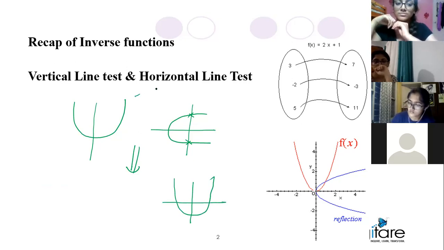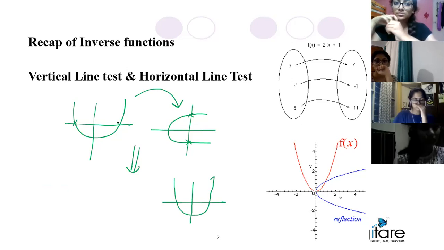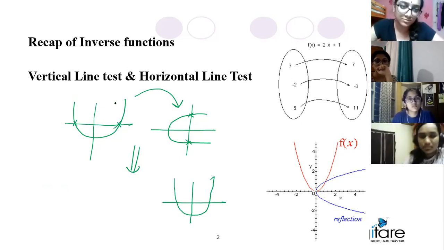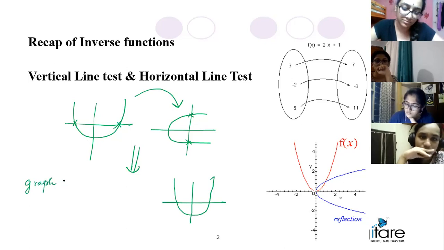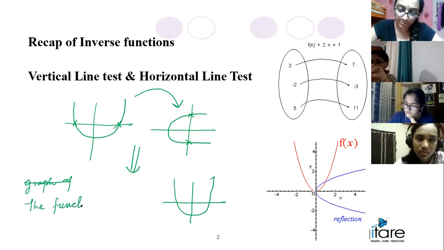No need for you to reflect it and draw a vertical line. Keep it as it is and draw a horizontal line. If this horizontal line is cutting in more than one place, that means the graph is not invertible. You can say the function is not invertible. Are you following this, guys?